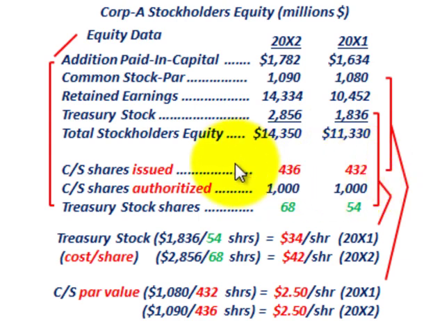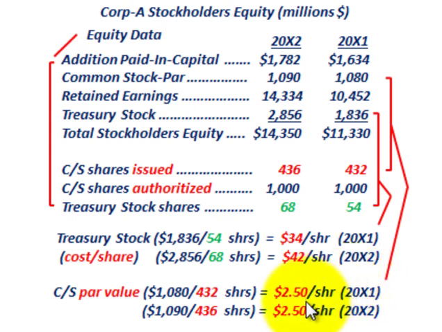Just remember, you have to work with the shares that are issued here, not shares outstanding or authorized, but you work with the shares issued here. So you take that total common stock par amount here divided by the number of shares issued here, and you're going to come up with $2.50 per share here for 20x1.